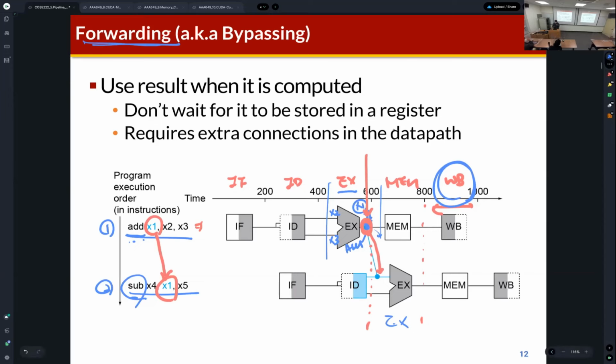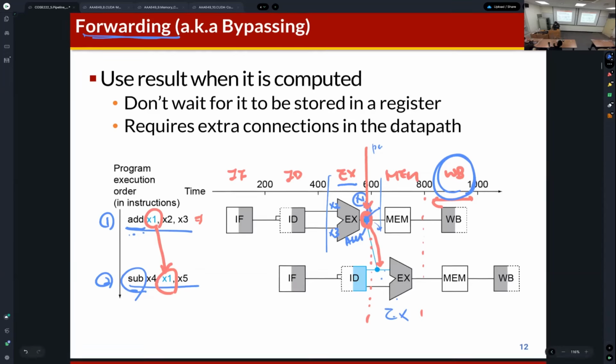So if we just compare the timing of this result and this point, then we can know that this is the past and this is the future. Which means that when the result of the add instruction is required, the processor already has this result.